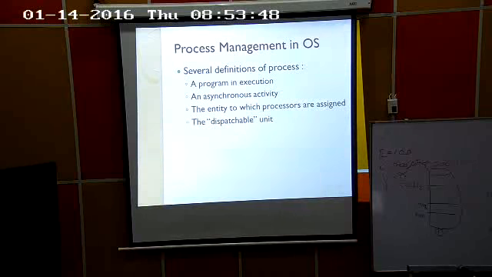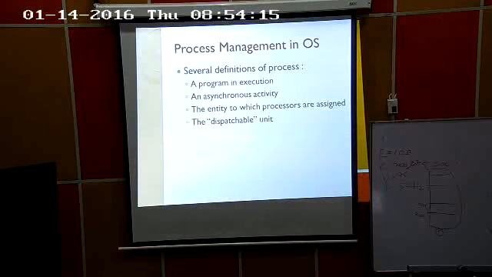Entity to which processor is assigned. To the processor, assigned based on your memory management. And the dispatchable unit. You can dispatch it into several tasks visually or logically.